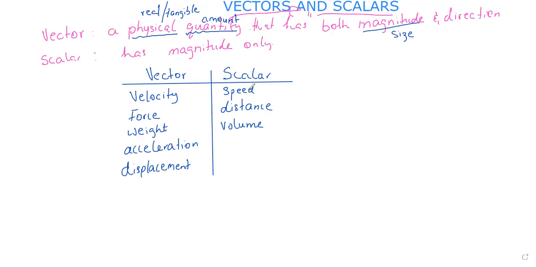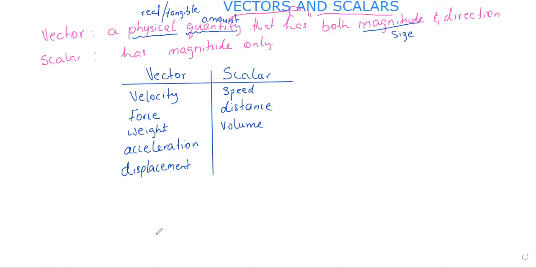Now, as we continue with the physics, we'll keep on adding to this table, like electric field strength, which is a vector.